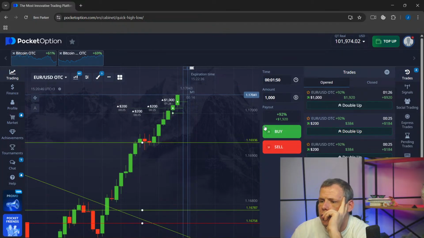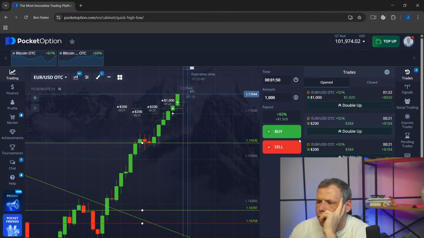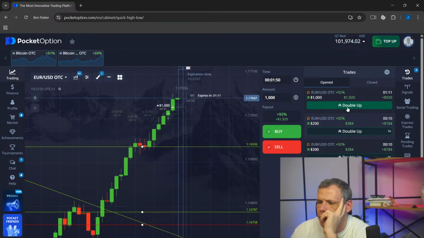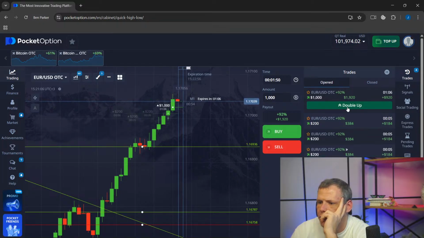See how we're trading along with the trend? Right now we're 92% trading above 1 minute. This goes down a little bit too. I'm gonna double up on my 1,000.